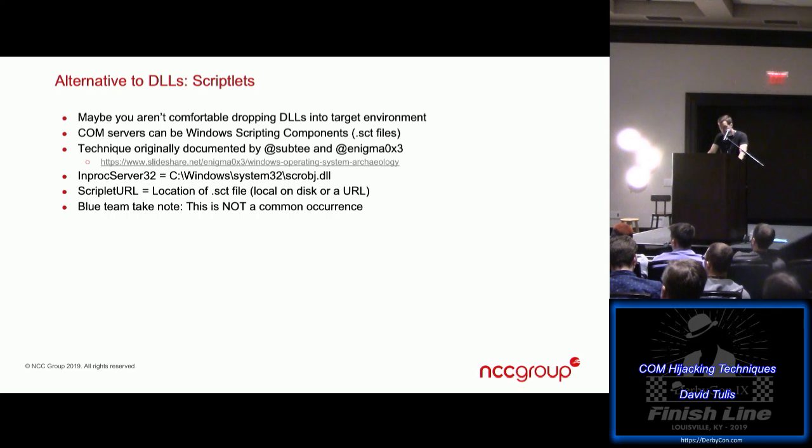Then by using the scriptlet URL key, you can associate a Windows scriptlet file to run when the object is activated. This can be a file on disk, or a URL to a scriptlet file. And this is really cool because if you host that scriptlet remotely, this is almost fileless. You're not dropping anything to file, you're only adding a few registry subkeys.